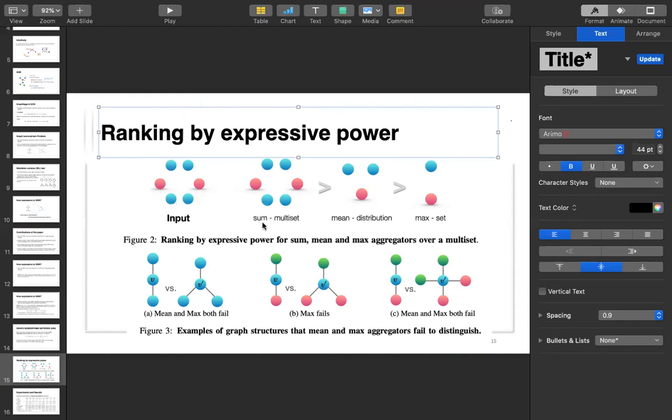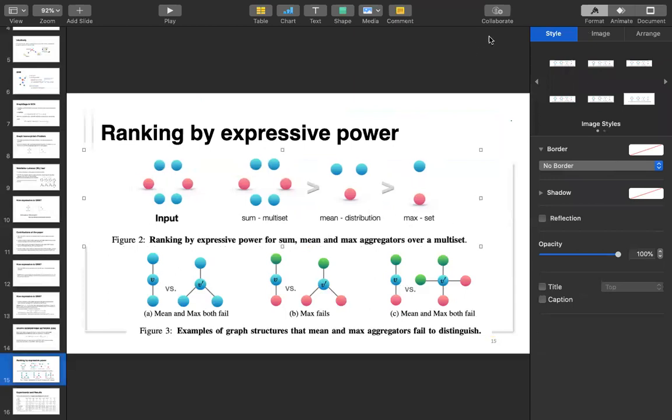So the sum aggregator will be able to distinguish the structure. It will be able to incorporate the whole structure information, whereas the min and max aggregators cannot distinguish the structure here from the structure here.